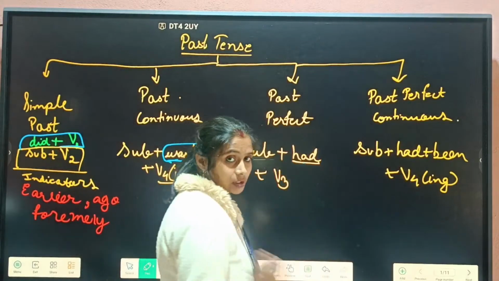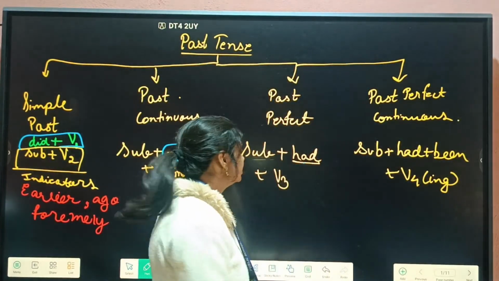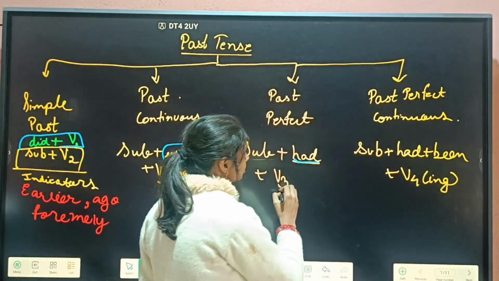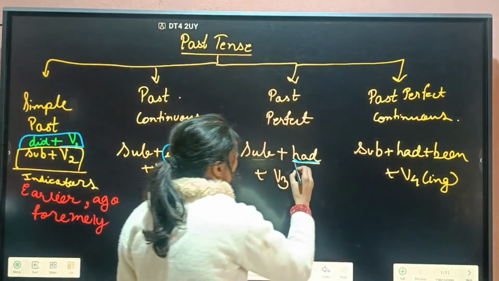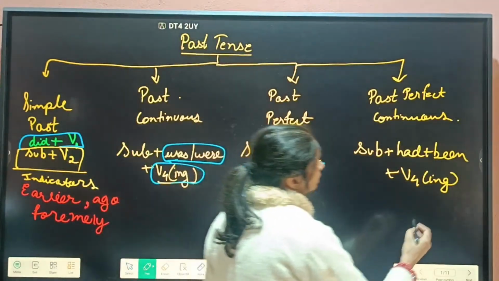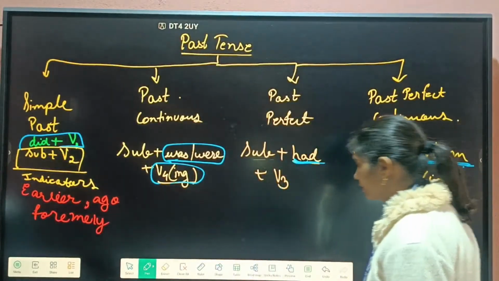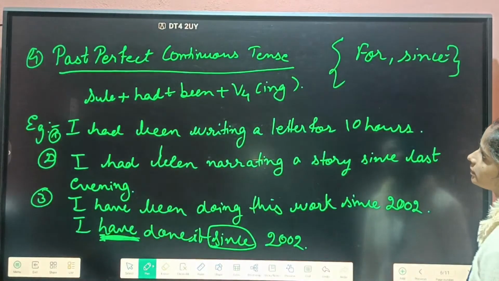Past perfect is also similar to present perfect. Instead of has and have, here we will only use had, and V3 is common. And this is the combination that I already told you: had we have taken from here, and ing we have taken from here, and only been is additional. And next, the flowchart of future tense.